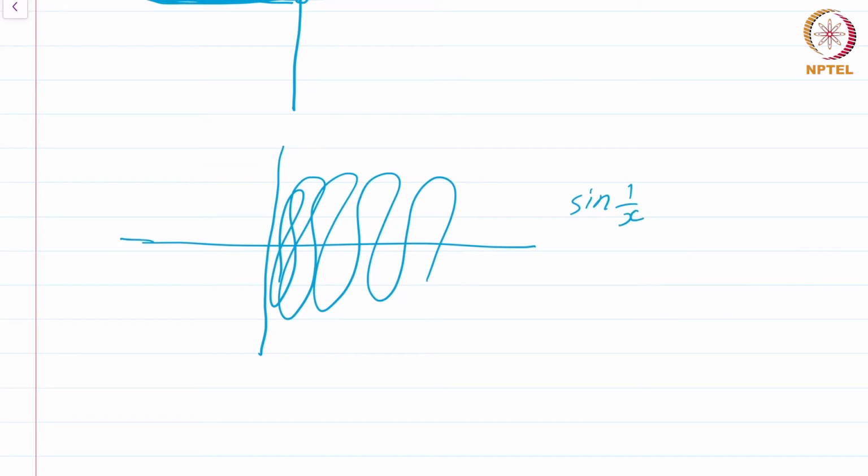Sine(1/x) when x is not 0, and let's just say 0 when x is 0. This function certainly has a discontinuity at the point 0. Neither the left hand limit nor the right hand limit actually exist at the point 0. Therefore, this is an essential singularity.